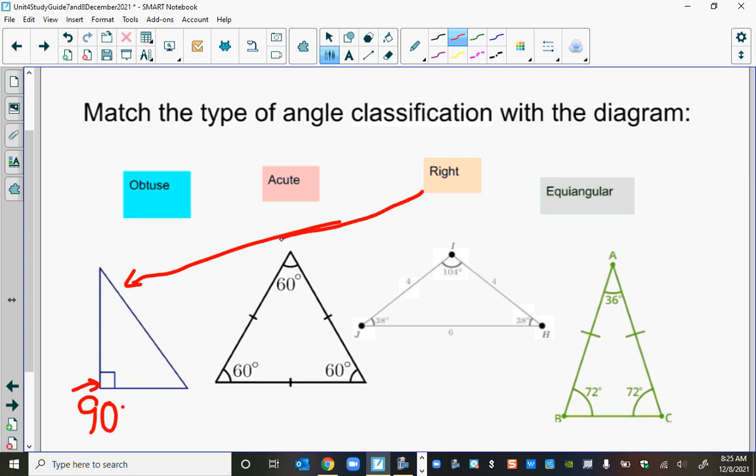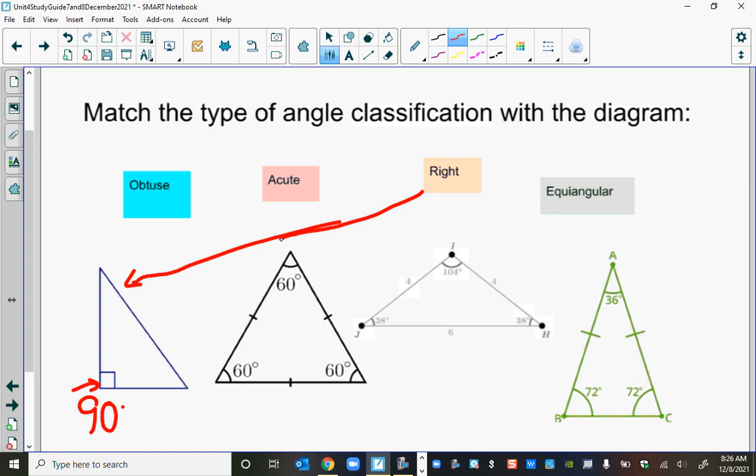All right, what about the next one, I should say. What do we notice about that next triangle? It's the last one. Why is it the last one? It just says equal and all the sides are 60.